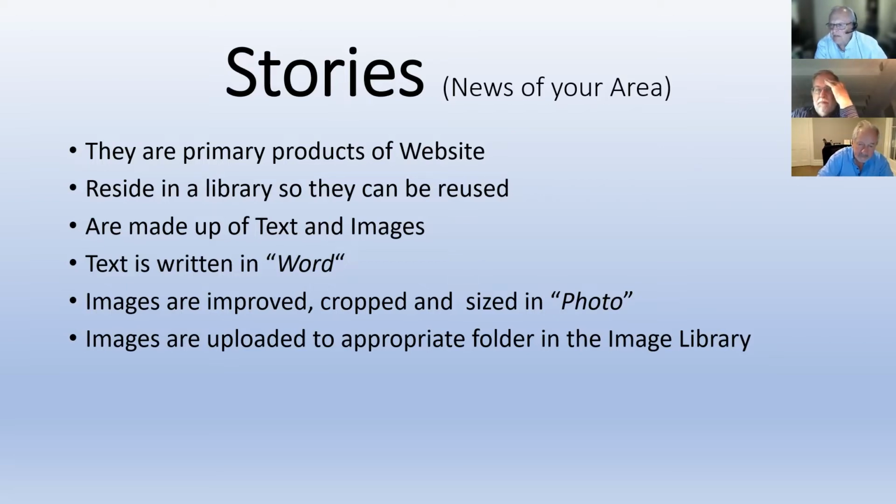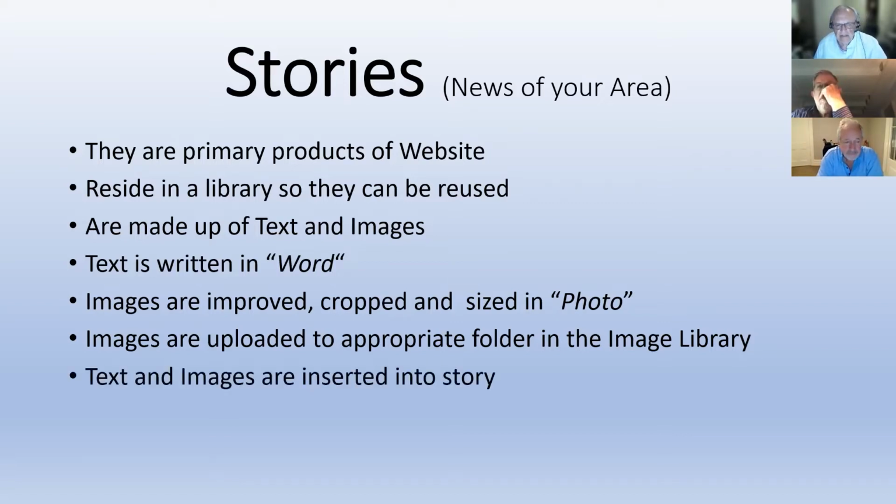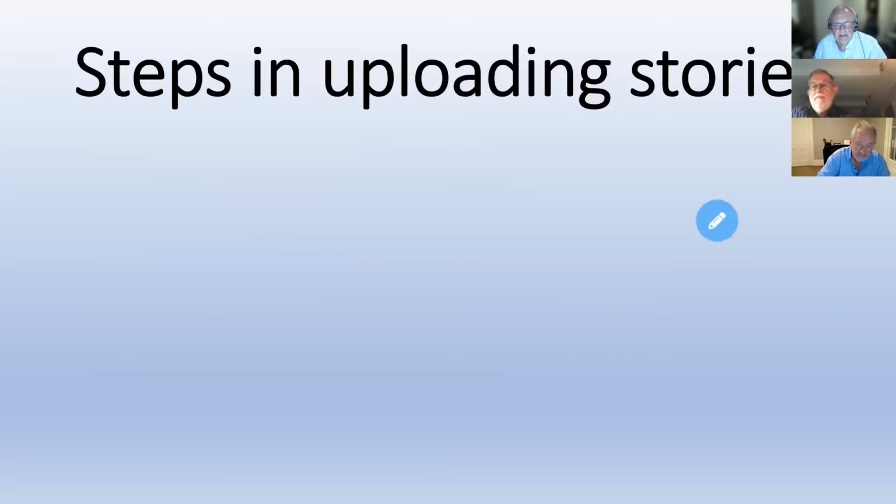You've got to put it in a folder, and that folder should have relevance to whatever you're doing. Text and images are simply inserted into the story, and that's it. And the story is saved and published. That is the outline. Then these are the steps that we're going to take to upload that story, okay?